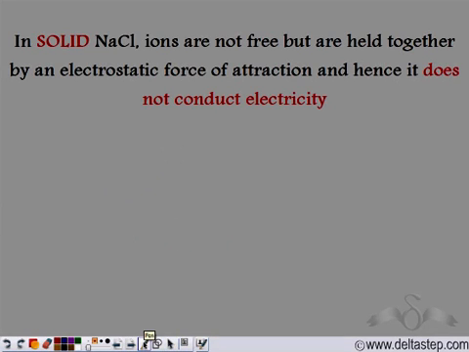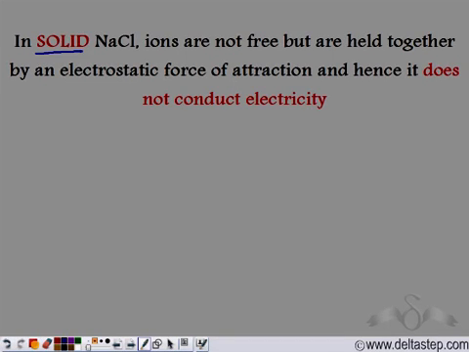We know that electrovalent compounds are held together by strong electrostatic forces of attraction. So in solid NaCl, the ions cannot separate out. And from this experiment, we have seen that ions are required for the conduction of electricity.